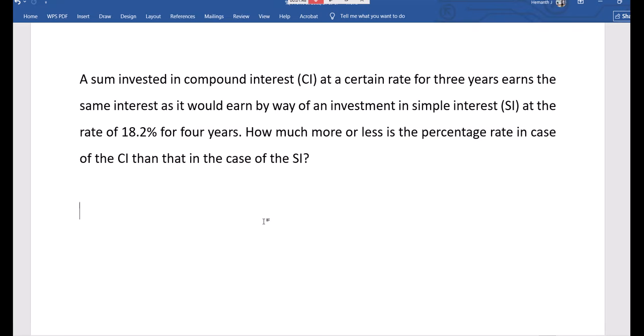But listen, compound interest investment is for 3 years only. The amount obtained due to compound interest for 3 years must be equal to simple interest for 4 years, at the rate of interest 18.2% they gave. Here you have to calculate the rate of interest in the first case, and check whether it is more or less than the simple.